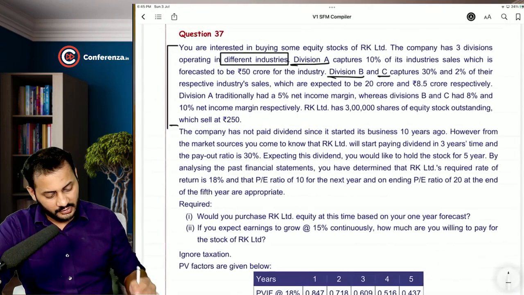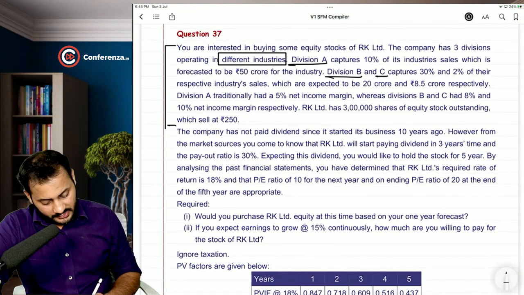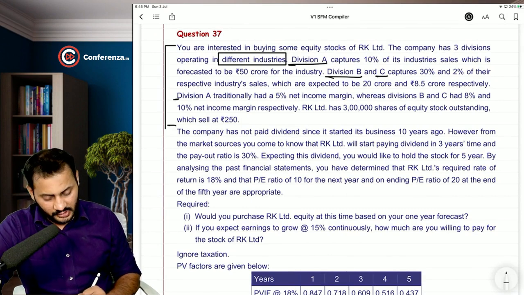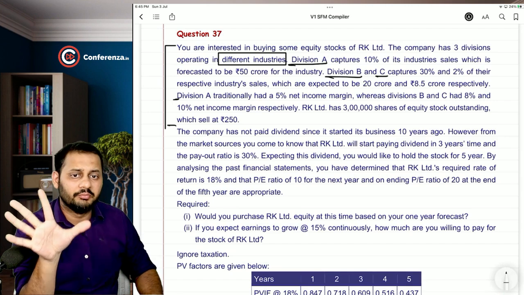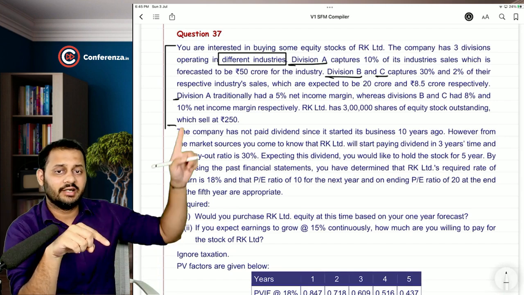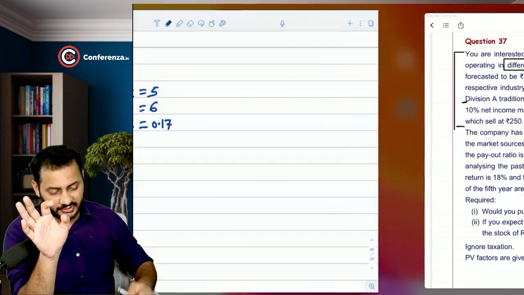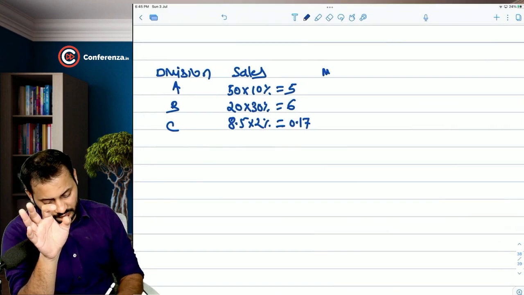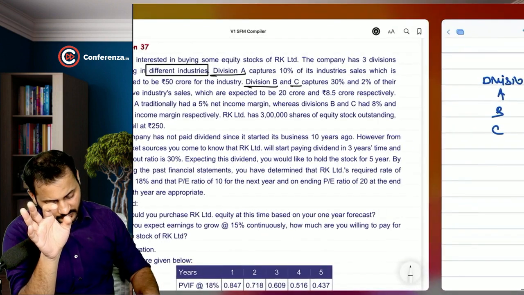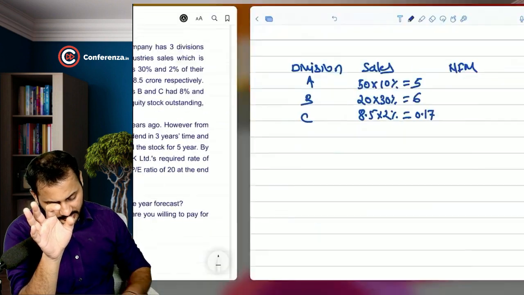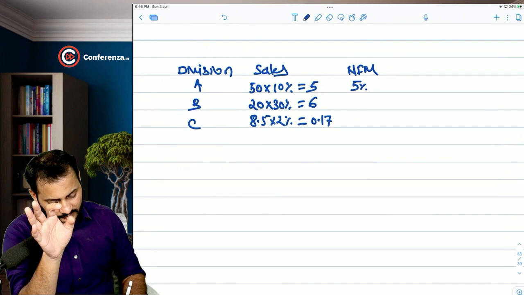Good enough. Then let's start from here now. Division A traditionally had a 5% net income margin, whereas B and C had 8 and 10% net income margin. So we can write down NIM, net income margin, 5%, 8%, 10%.